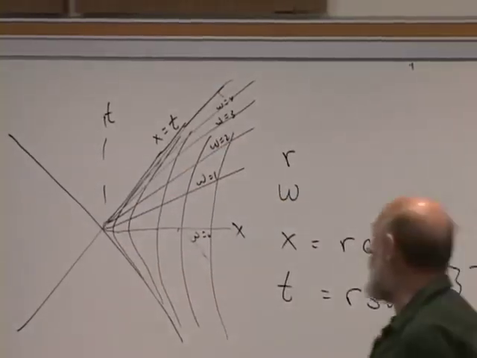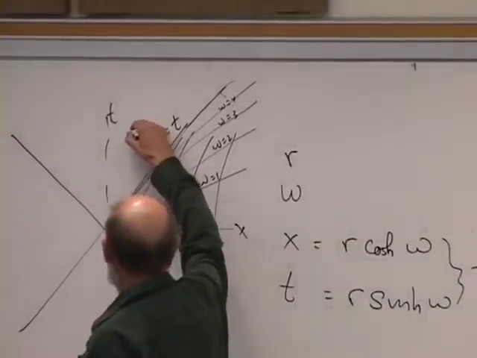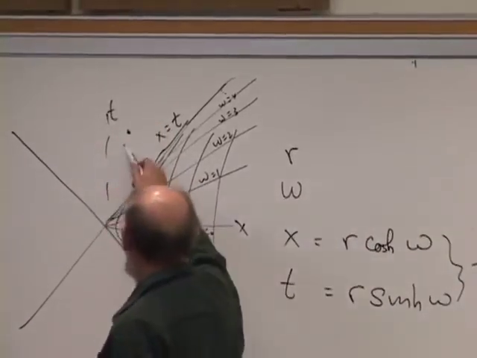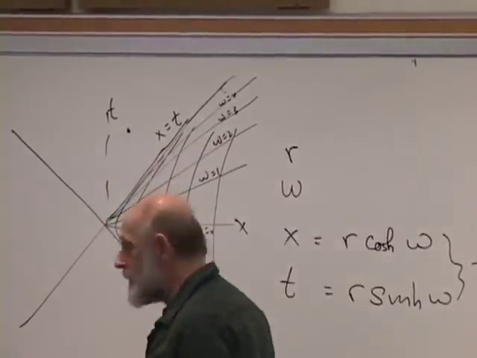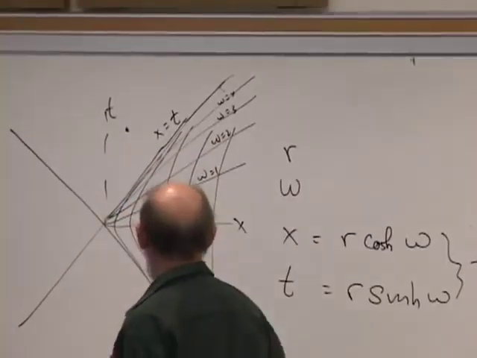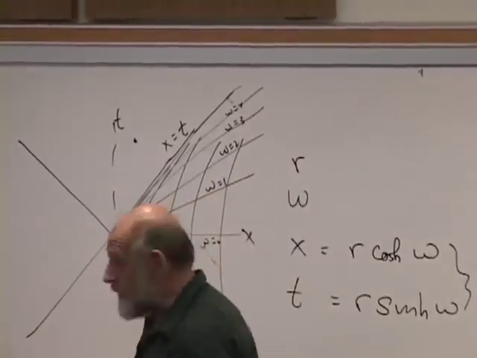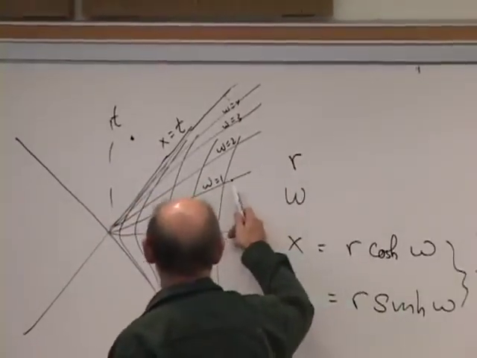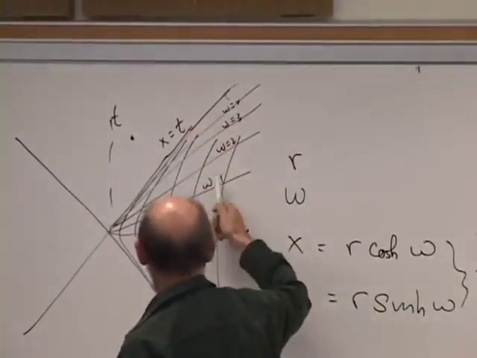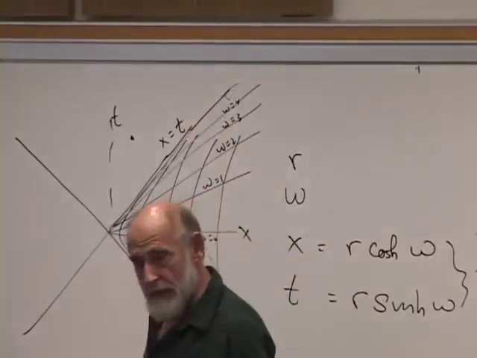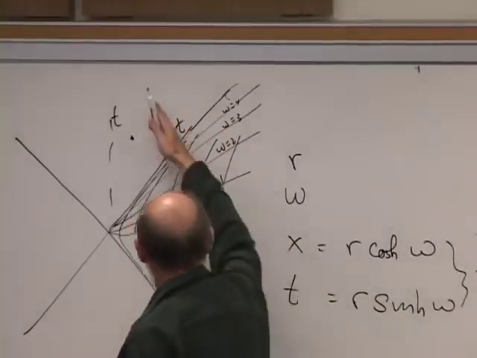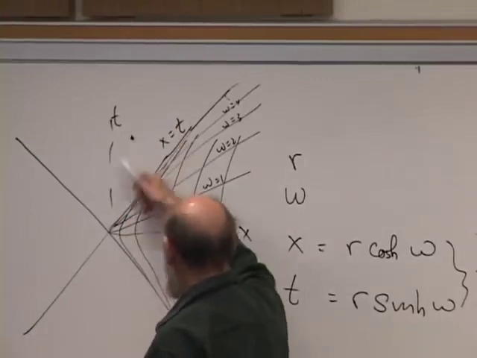We also pointed out that anybody who finds himself back here cannot send a message out to the observers who are out here. Of course, an observer out here can jump in, just let go of whatever the accelerating mechanism is, and fall into here, in which case he can make contact.